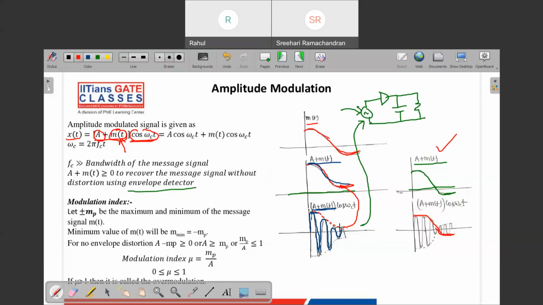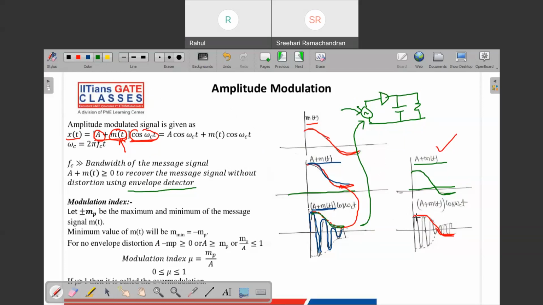In the first case, our envelope is never going to be negative, and that's why this half-wave rectifier will work perfectly. But in the second case, the envelope of the signal is going negative, and that's where this half-wave rectifier will not work. So in the first case, the envelope detector will simply detect the envelope like this.